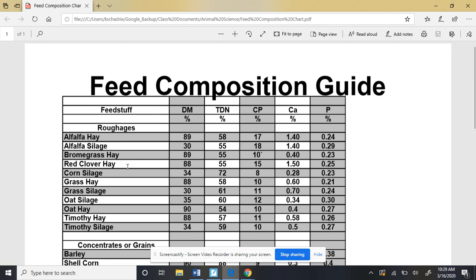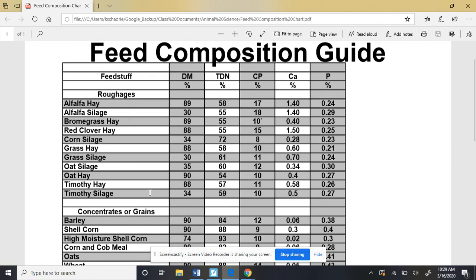That's going to be the left column, that list of feedstuffs, or again, list of ingredients that we use to make an animal's feed. The rest of the columns are going to look at different nutrients that those animals need or different characteristics about the feedstuffs themselves. So our first column is DM.